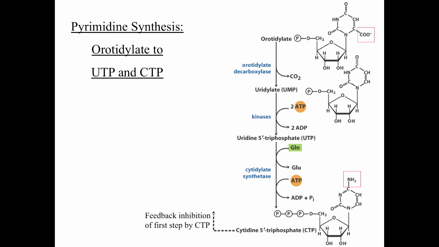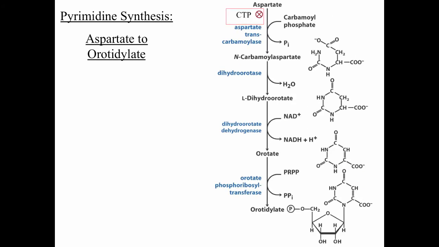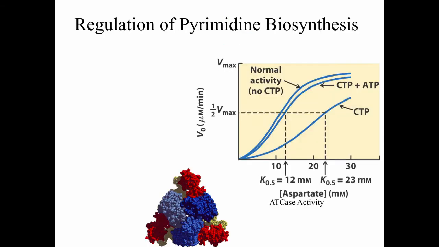Okay, so if there's plenty of CTP around, then we want to shut off this pathway, and we always do that by inhibiting the first enzyme of that pathway, which is to inhibit aspartate transcarbamylase. So CTP acts as an allosteric inhibitor of the enzyme.